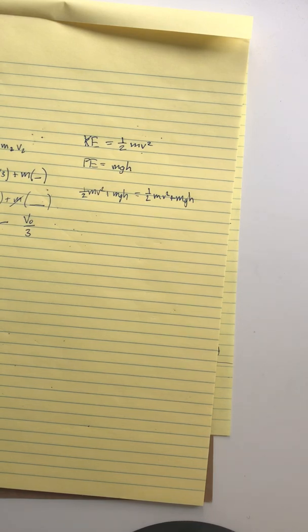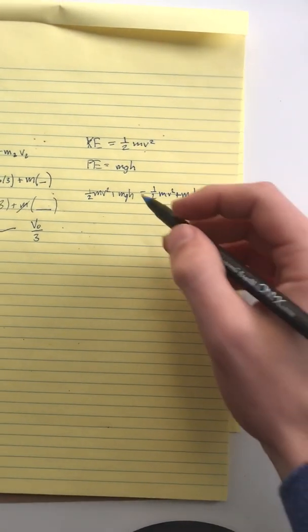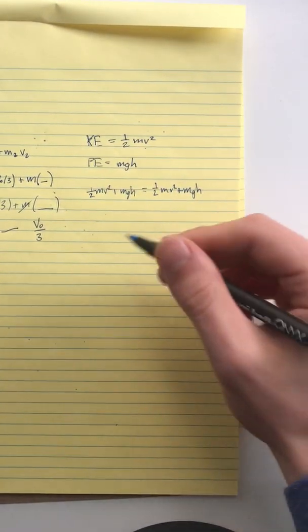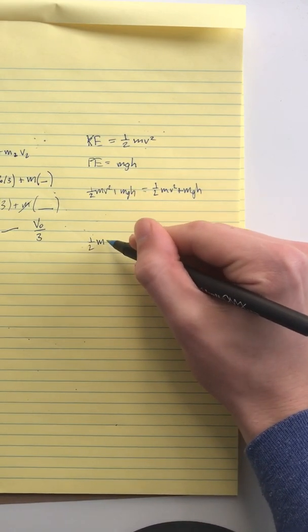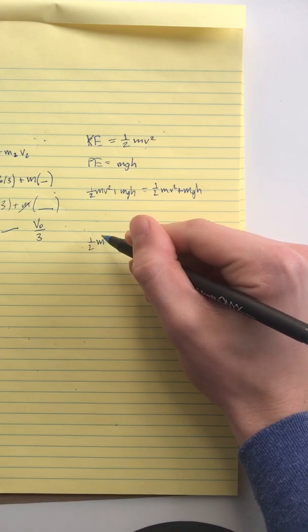So now what we're going to do is use the initial values that they gave us. The object is at rest, so velocity is 0, so 1/2 mv squared.